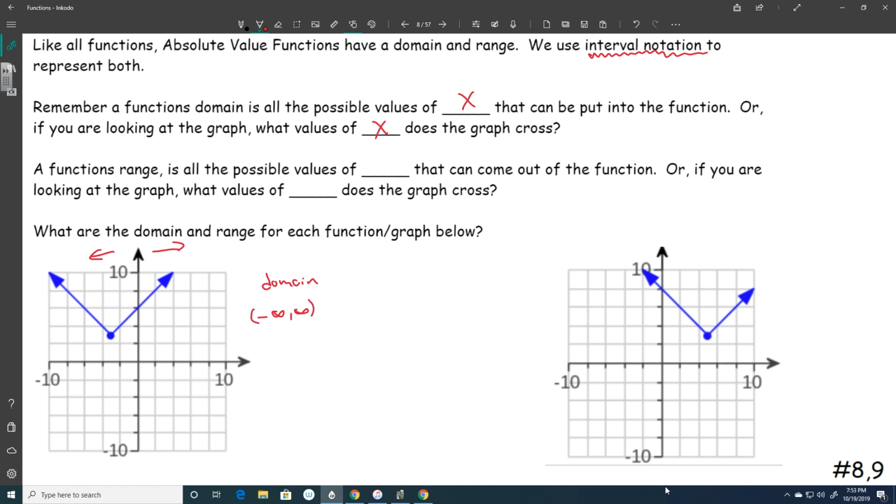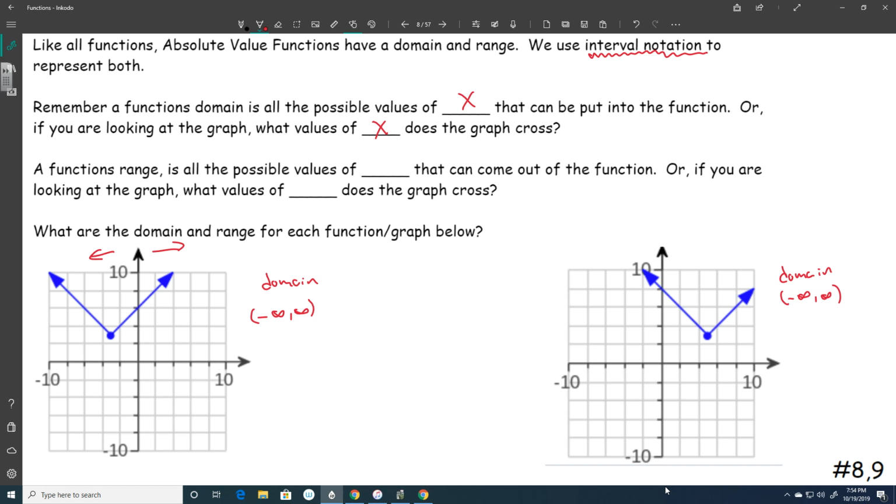All right, so my domain is -infinity to infinity. On this one, it's going to be the same thing. It goes to the right forever and it goes to the left forever. So my domain is -infinity to infinity. Or in other words, I can plug in any x I want. That's not always going to be true, but with absolute value functions like these ones, it is true.